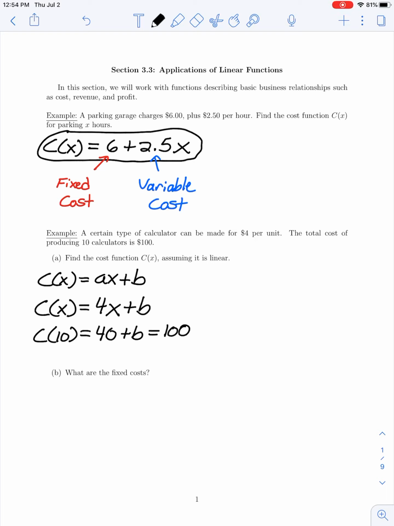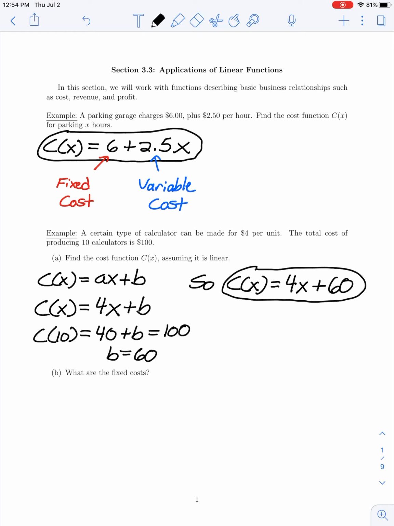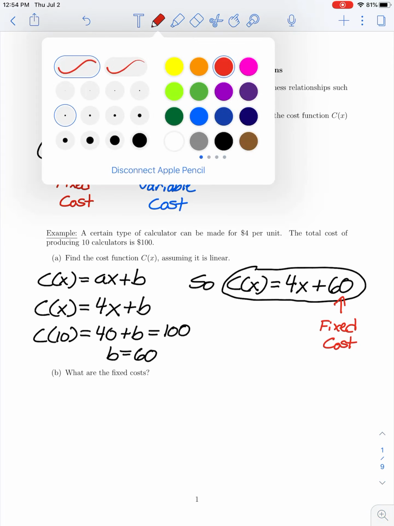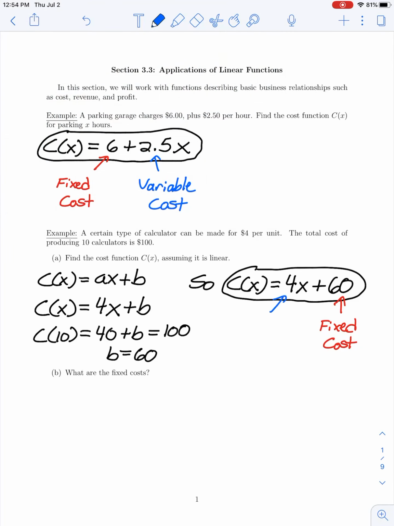So subtracting 40 from both sides, we find that b is equal to 60. So our cost function, c of x, is then 4x plus b, which we just found to be 60. So here we would have a fixed cost of $60 and a variable cost of $4 per calculator.